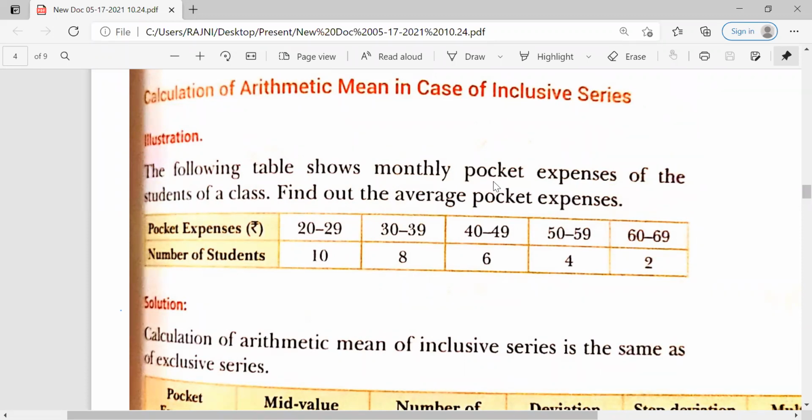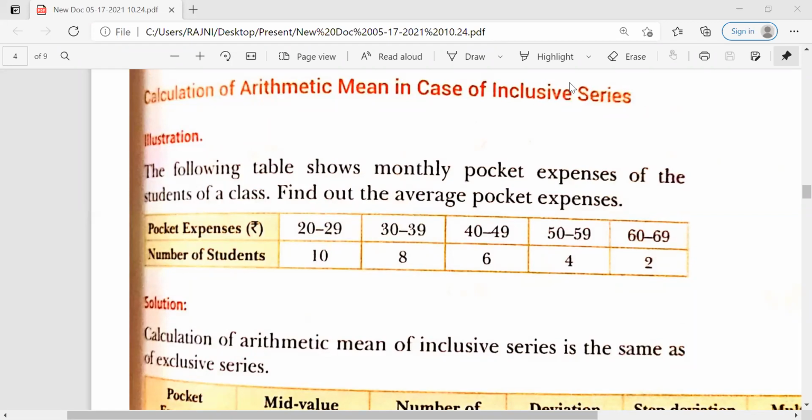In this series, how do we calculate the arithmetic mean? I will tell you the process.